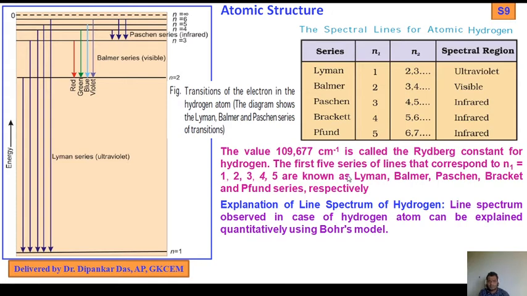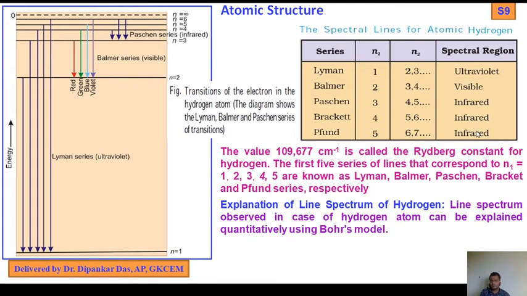For hydrogen, the first 5 series of lines that correspond to n1 equals 1, 2, 3, 4, 5 are known as the Lyman, Balmer, Paschen, Brackett and Pfund series respectively. In the Lyman series, n1 equals 1, n2 equals 2, 3, and the spectral region is ultraviolet. In the Balmer series, n1 equals 2, n2 equals 3, 4, and the region is visible. Paschen: n1 equals 3, n2 equals 4, 5, infrared. Brackett: n1 equals 4, n2 equals 5, 6, infrared.